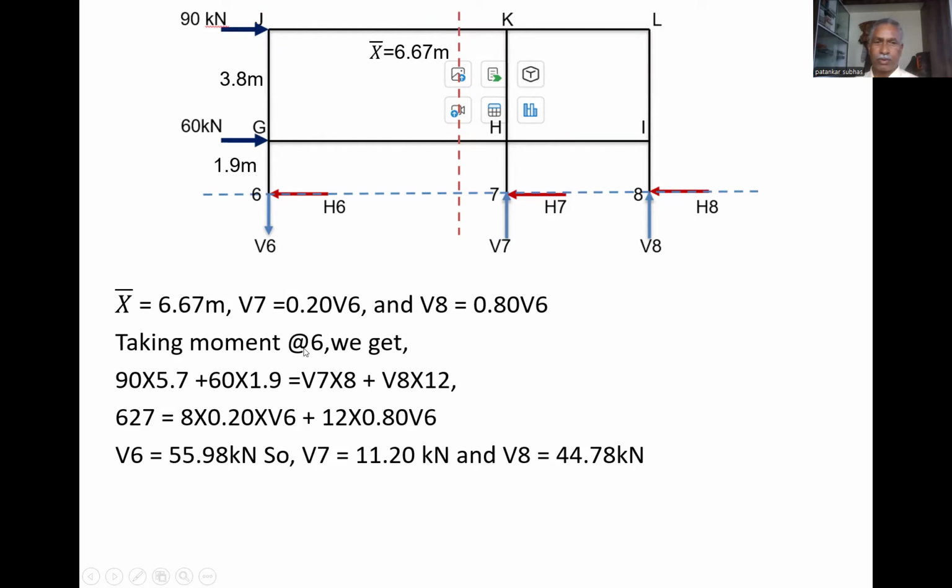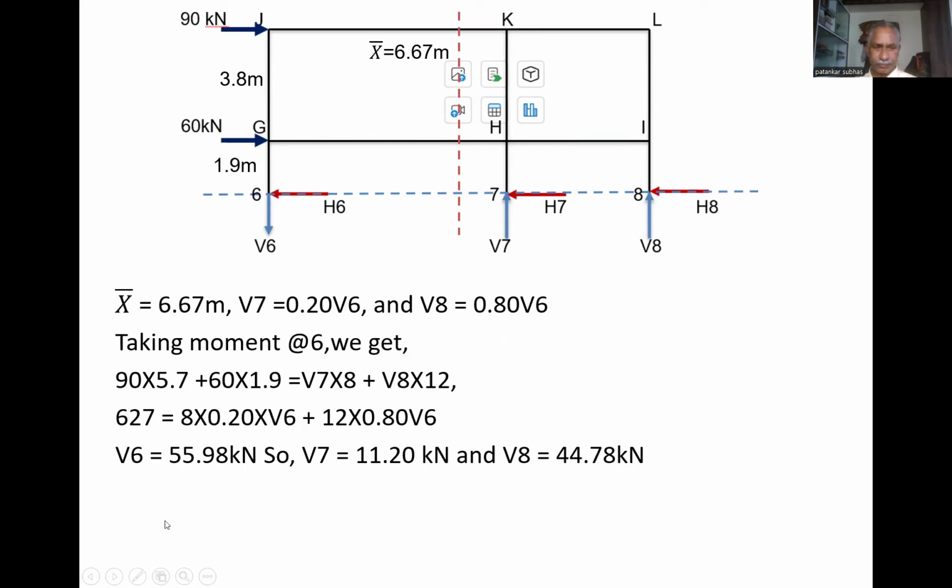So again taking moment about point 6 and repeating the same procedure. So 90 multiplied by 3.8 plus 1.9, it is 5.7, and 60 multiplied by 1.9 in the same clockwise direction. Then V6 is 0 as it passes through node 6, but V7 multiplied by 8 and V8 multiplied by 12 in the opposite direction.